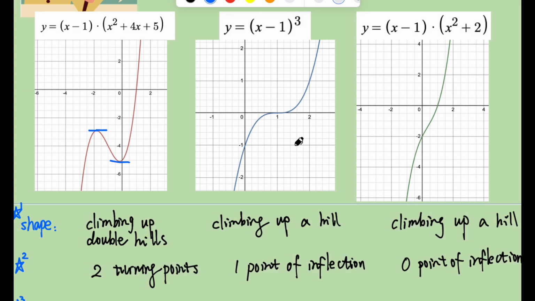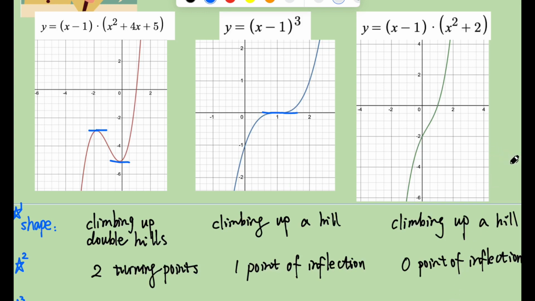Now for the second graph, we know there is a flat point as well, and this point is called a point of inflection and not a turning point, because to the left of x equals 1, the graph goes up. Now after the value of x equals 1, the graph continues climbing up.